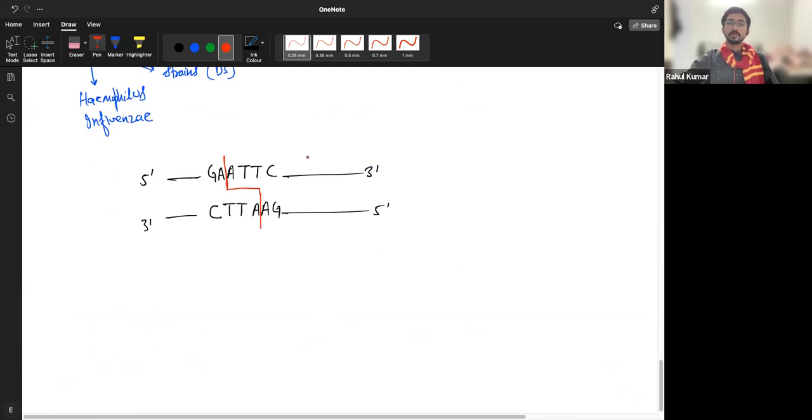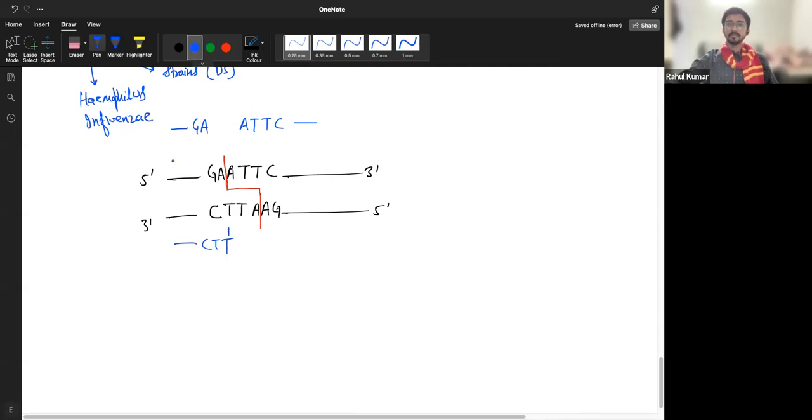Yes. So I was saying that the benefit of cutting like this is that we are left with sticky ends. So in this part, we are left with GA and ATTC, and here we are left with CTT. So GA and CT will still be paired, but this T is free, right?